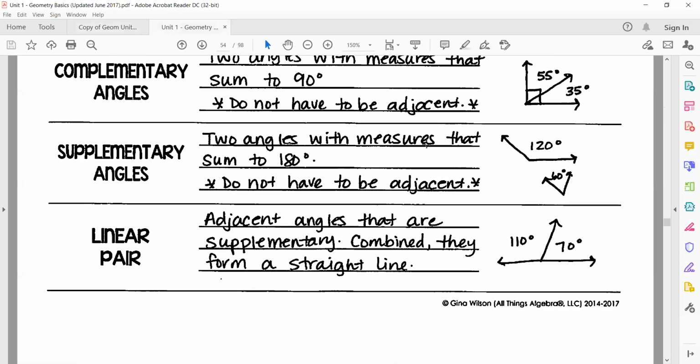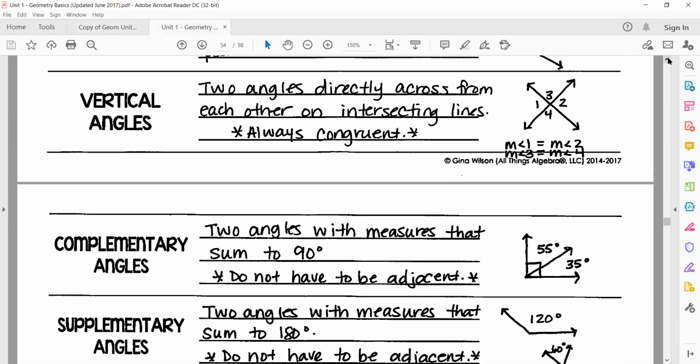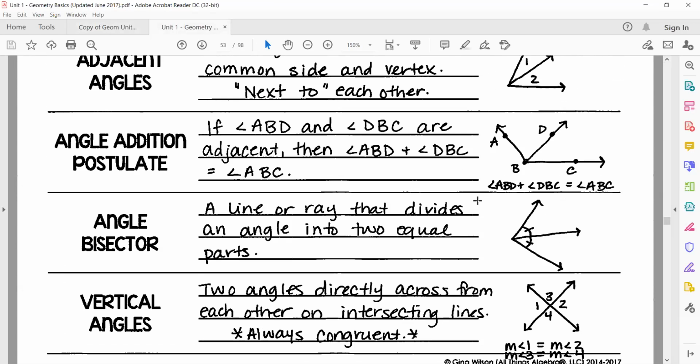Perpendicular and angle bisector. Okay, angle bisector. It's not any different than the line bisector. Only now we're talking about an angle that's being cut into two equal pieces.